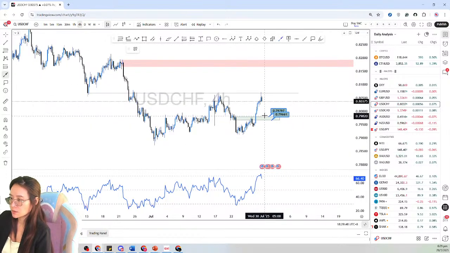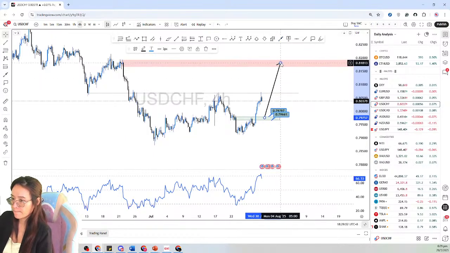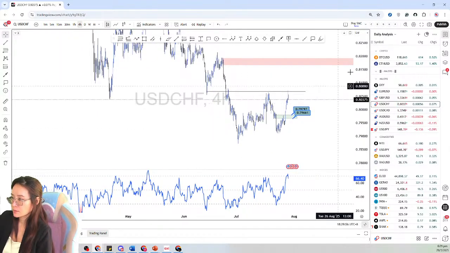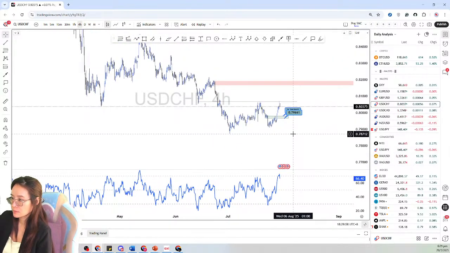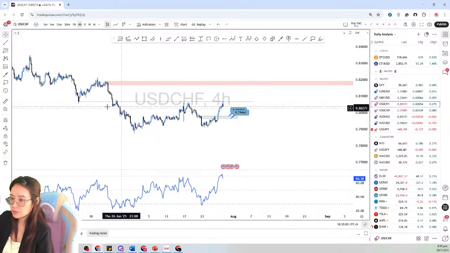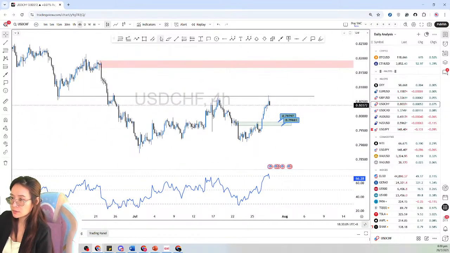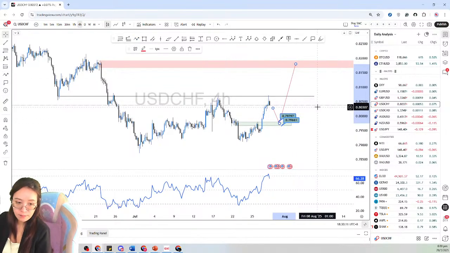They're gonna break this resistance and target here. Do you sell at this overlap resistance level? At this one, you sell, take profit at TP1, you go high for TP2.